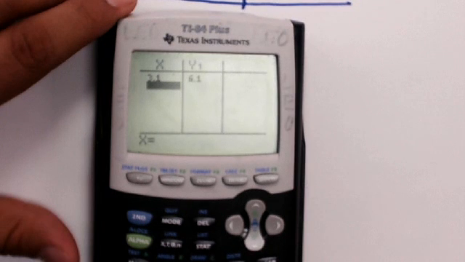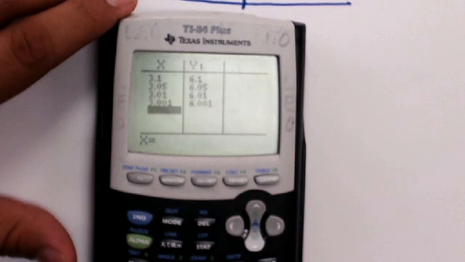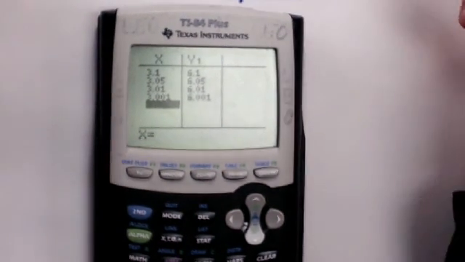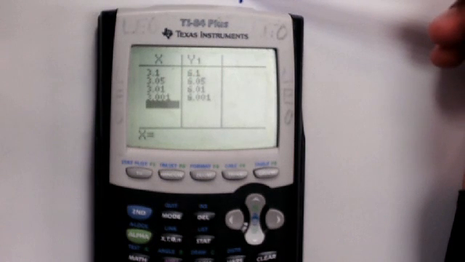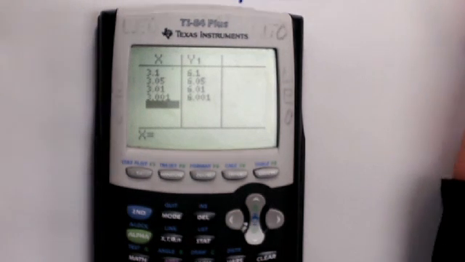Then we go 3.05. Then we go 3.01. And then a bit closer, 3.001. And it seems to be approaching 6 from both sides. That's what it appears to be. Let's allow this to equal 6.